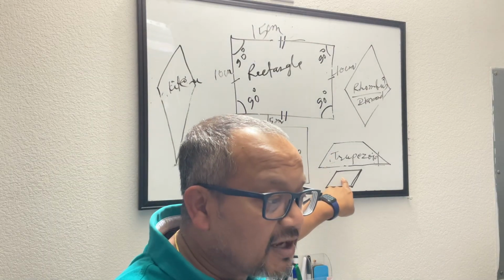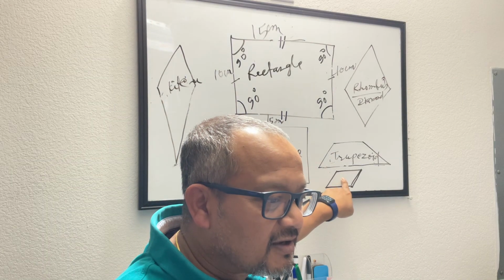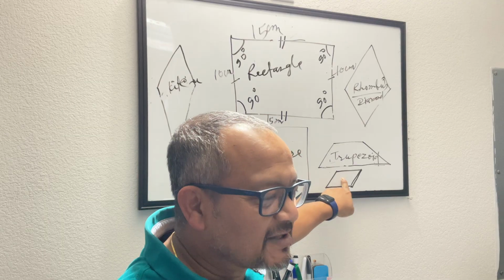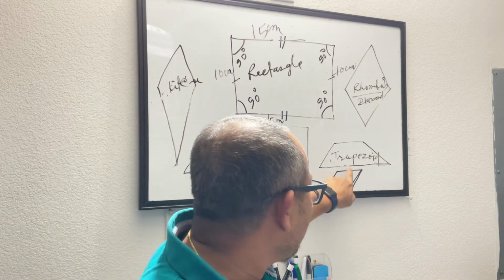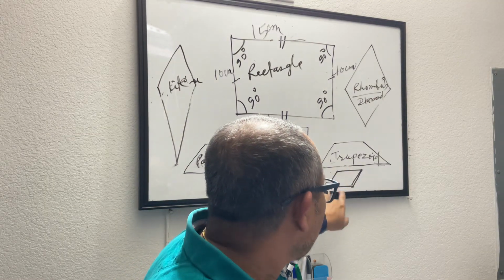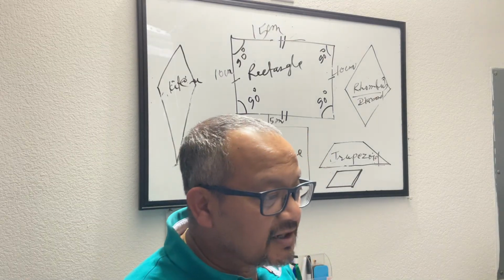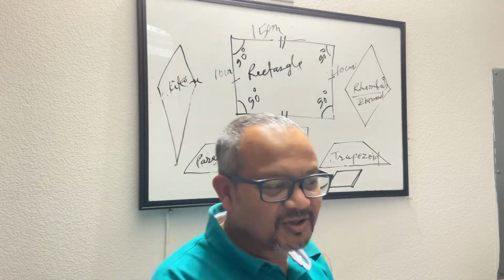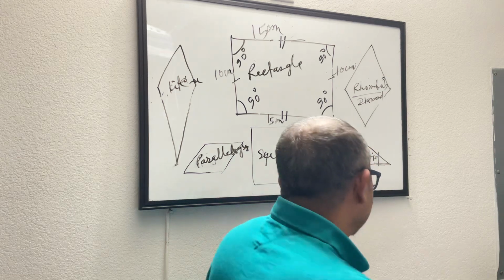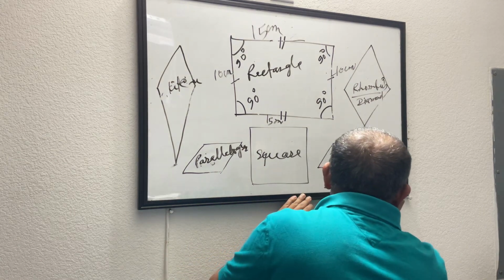What is the name of this shape, where the opposite sides are parallel and equal, but all the angles are not 90 degrees? Parallelogram. Yeah. So this is called a parallelogram.